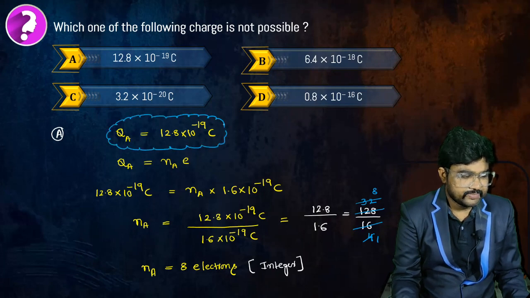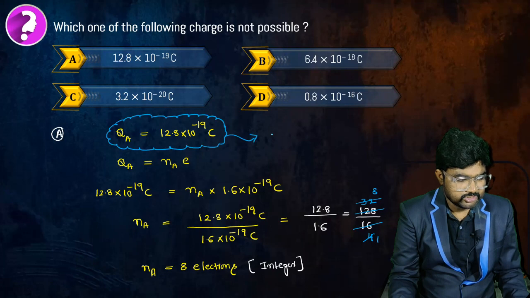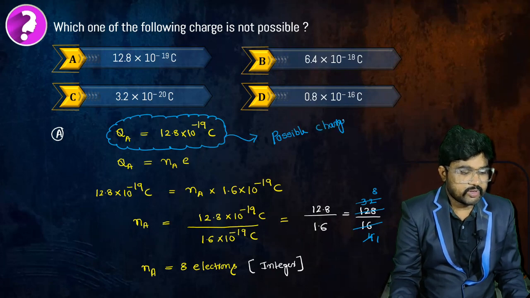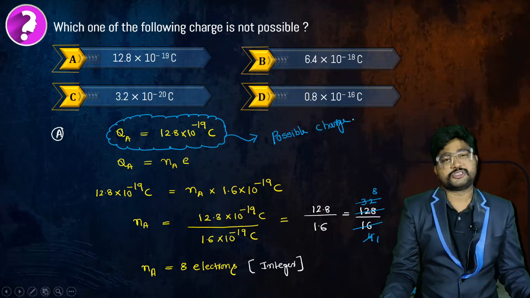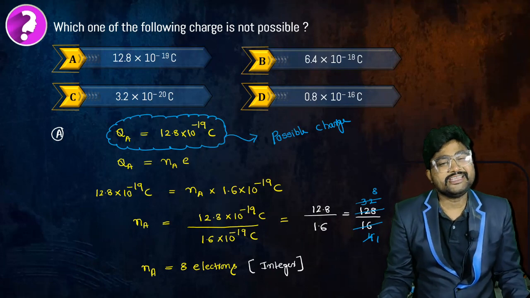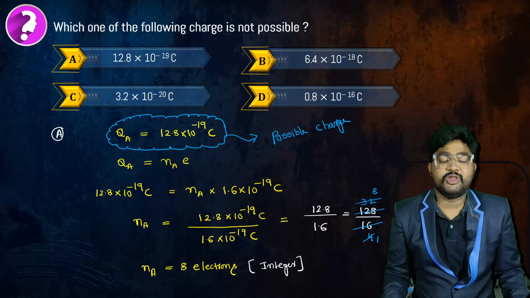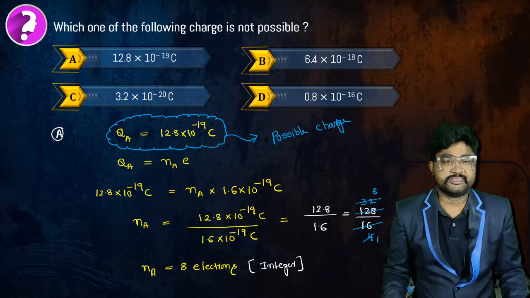That is why this is a possible charge. They are asking which one of the following charge is not possible, but option 1 is possible because you are getting an integer value of the number of electrons.